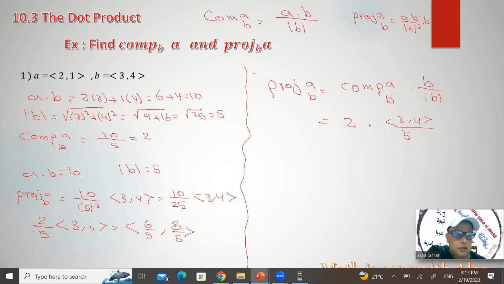So it will be the same, 2 over 5 times the vector B. So 2 over 5 times 3 will be 6 over 5, and 2 over 5 times 4 will be 8 over 5.